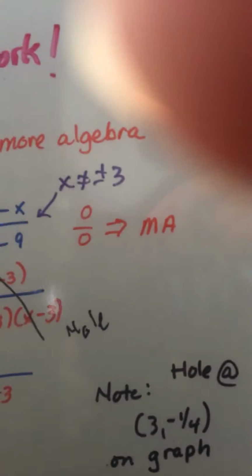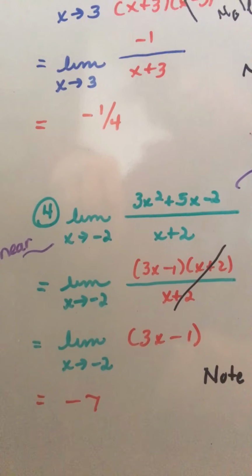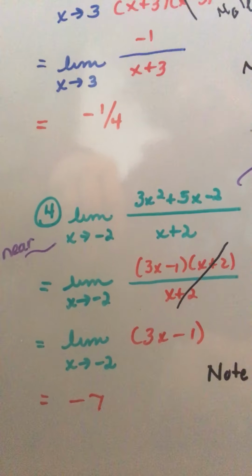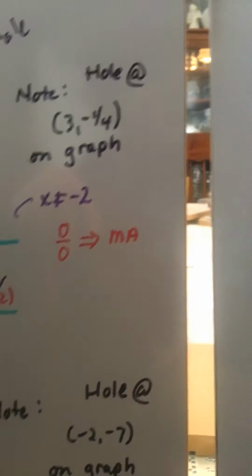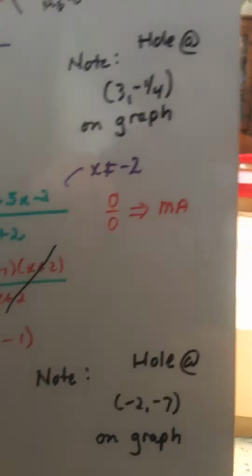And 2 needs a -1 to make it -2, because the only way you get 0 over 0 is if these two polynomials share a factor. So now I can cancel. I'm not going to spend time doing grouping when I don't need to. And so upon direct substitution, I get -7. But note, this means that at -2, -7, there's a hole in the graph.